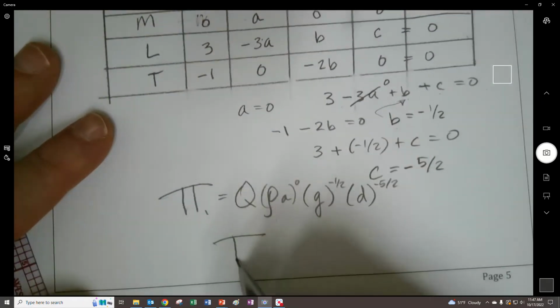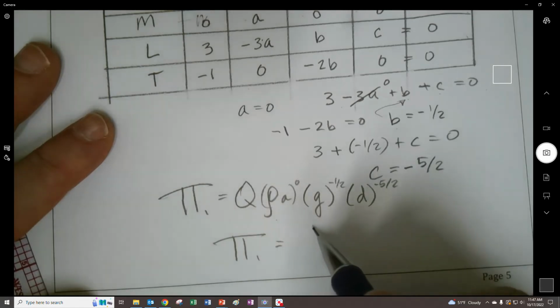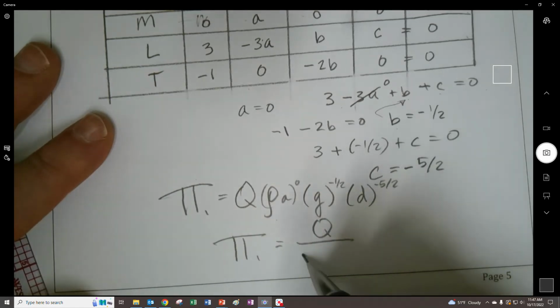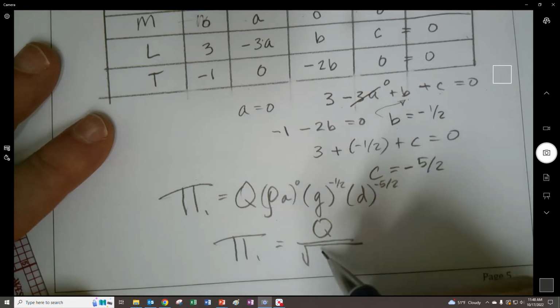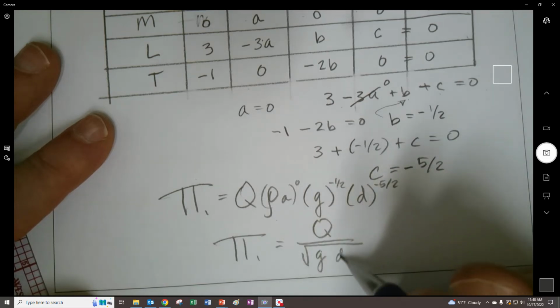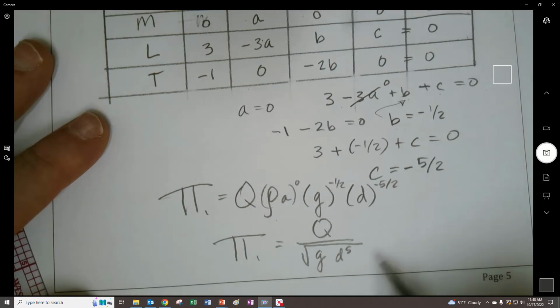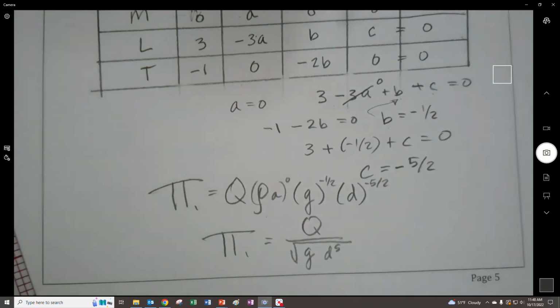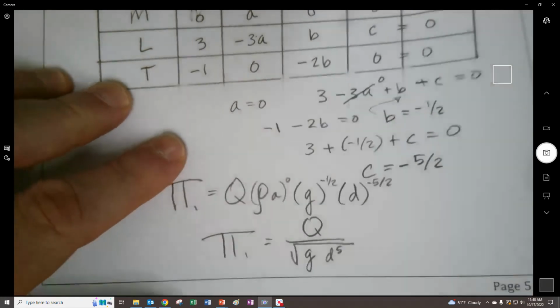So pi 1 is going to be q divided by the square root of g d to the 5. That becomes our first pi term for this. Not one we would have predicted, probably, right?